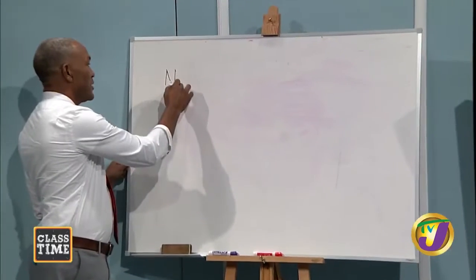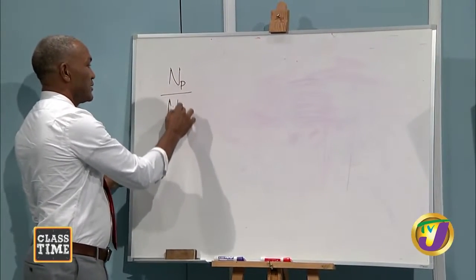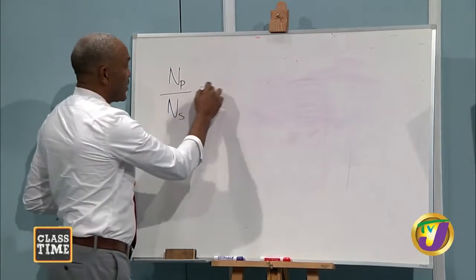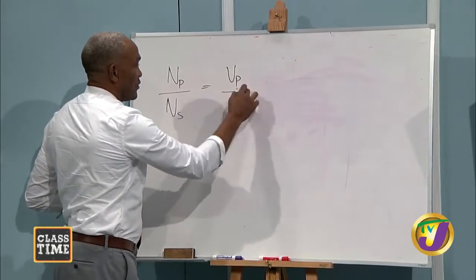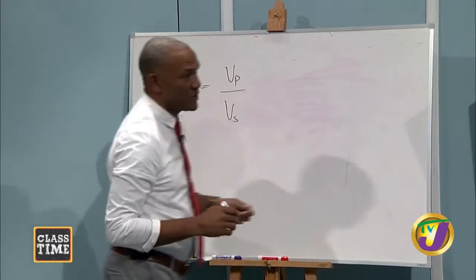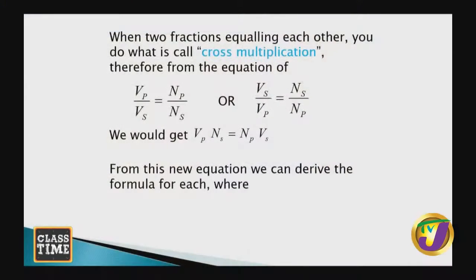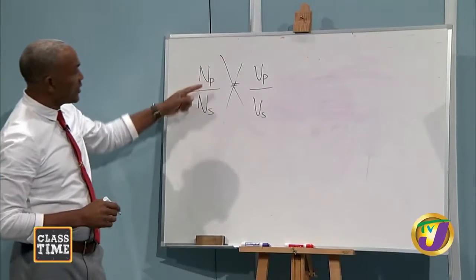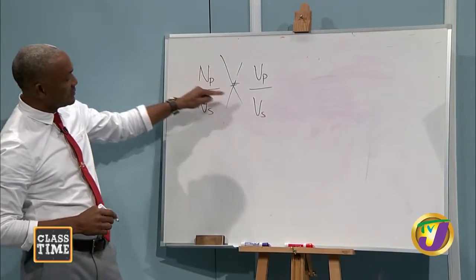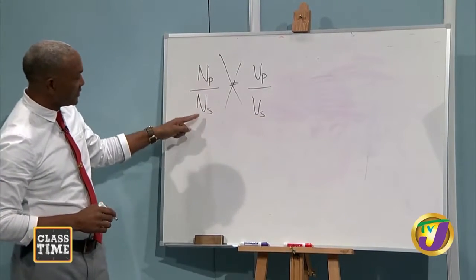So we have Np over Ns is equal to Vp over Vs. We're using one of them, we could use any one. It will come back to the same result. So when a fraction equals another fraction, we do what is called cross multiplication. So now I'd have this part multiplied by this part.